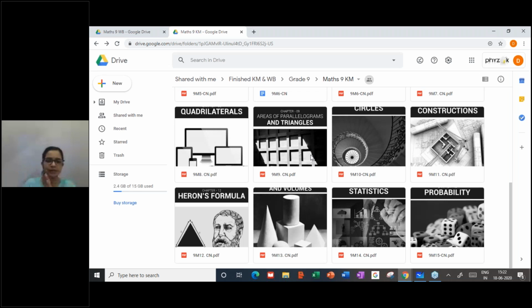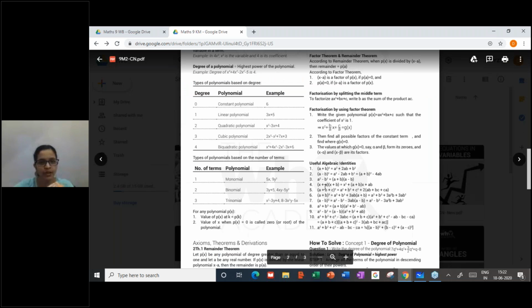Give me a minute. Okay, so what does it say? Types of polynomial based on degree, right? So this is what I was explaining at that time. Based on degree, it will be constant, linear, quadratic, cubic, and biquadratic. And based on the number of terms, it's going to be monomial, binomial, trinomial.